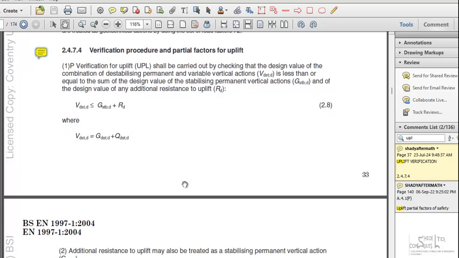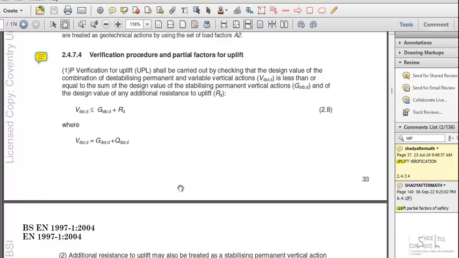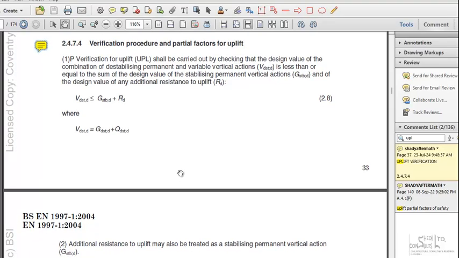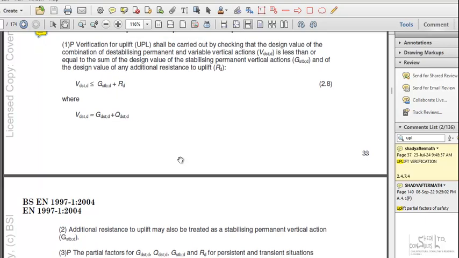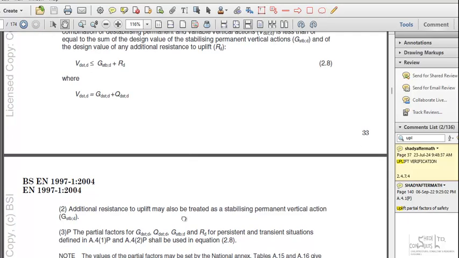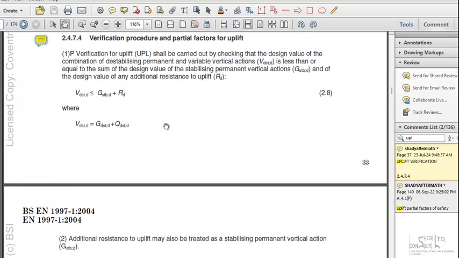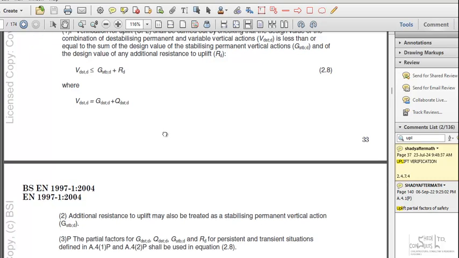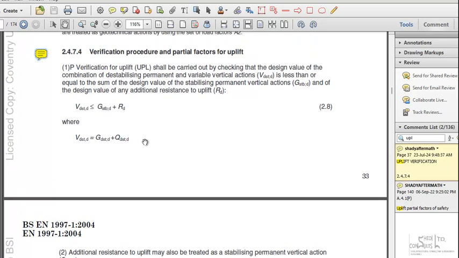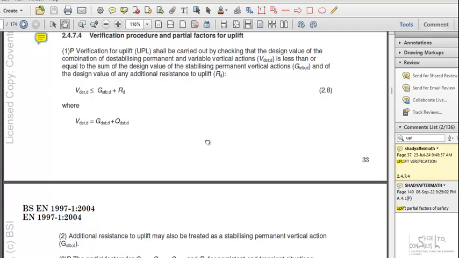Clause 2474 of EN 1990 specifies that the uplift limit state is a typical example of an ultimate limit state. We have equilibrium, structural, geotechnical, uplift, and fatigue limit states, and the likes. The requirement to be satisfied is that the destabilizing vertical force, in this case the uplift, must be less than the resisting vertical force.